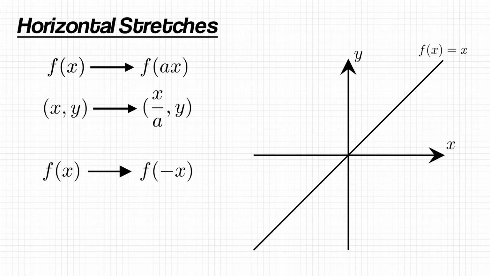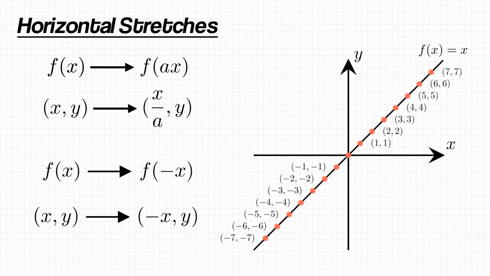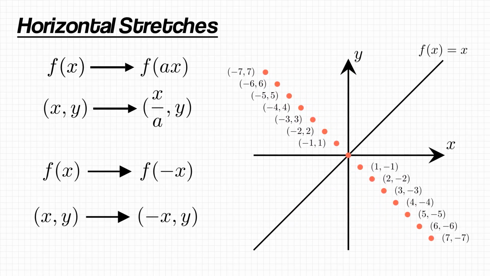Using our formula for the transformation we worked out earlier, that would just mean we take any xy point on f of x and divide the x coordinate by minus 1, which would give us minus x, y. If we apply this transformation to a collection of points on our graph, we can see that a being negative simply reflects the points in the y-axis.